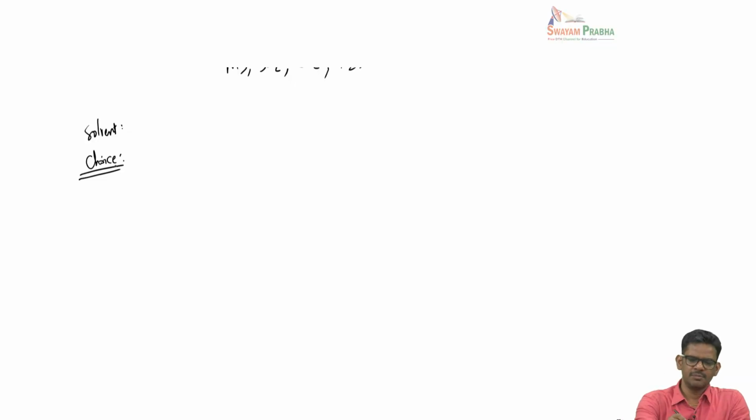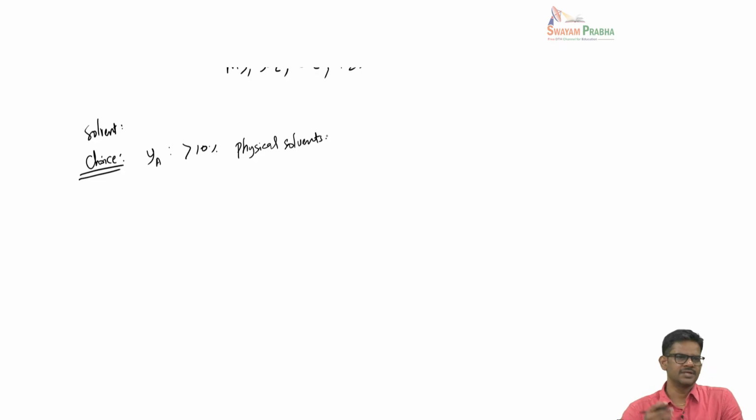So the general choice is that if the mole fraction of the solute in the gas phase is more than 10 mole percent, we would like to go to physical solvents, where the solute is basically just dissolved in a physical solvent.